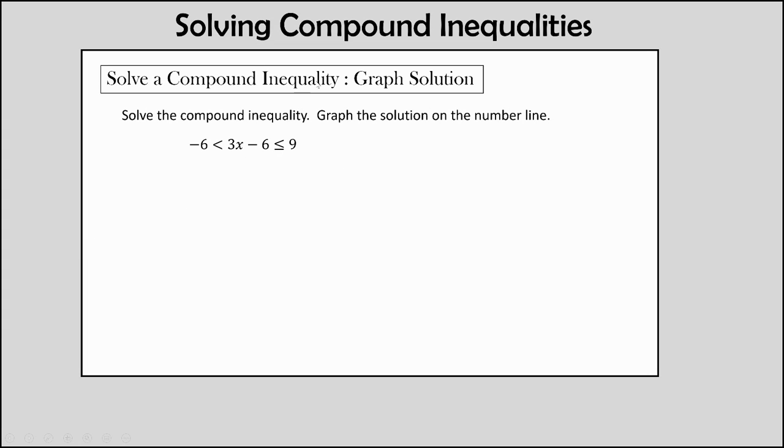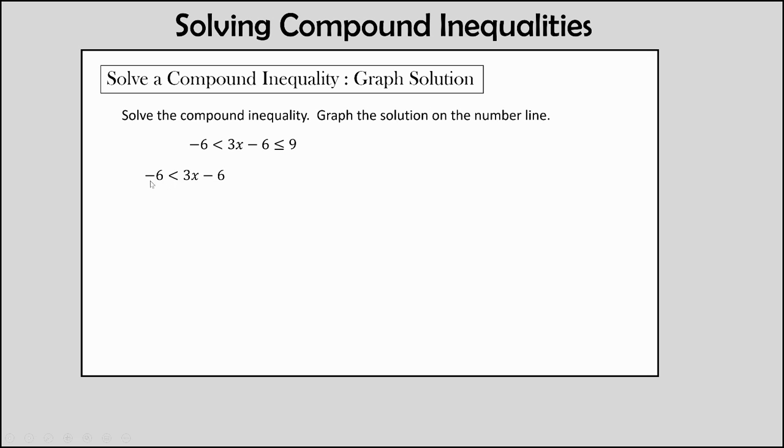Now the last one here, they give it to us in this format. Now there's two ways to go about this. The first way is a little bit longer, but it's good for you to see because you need to understand it. What you can do in this case is divide this into two individual inequalities. The middle piece becomes part of two inequalities.